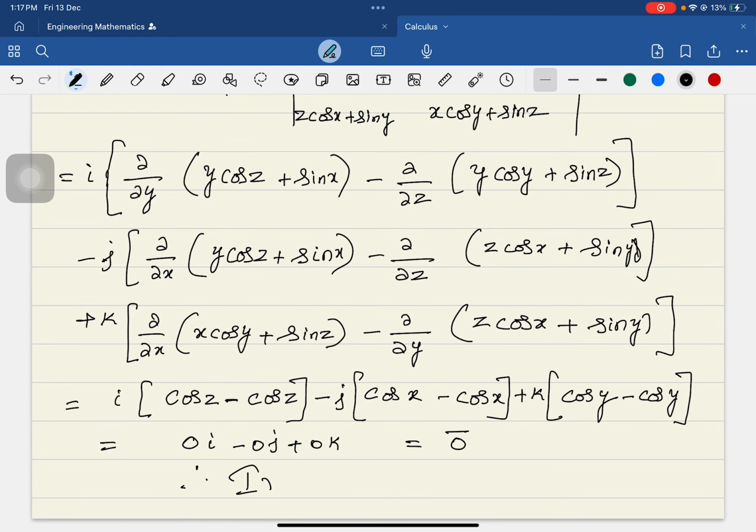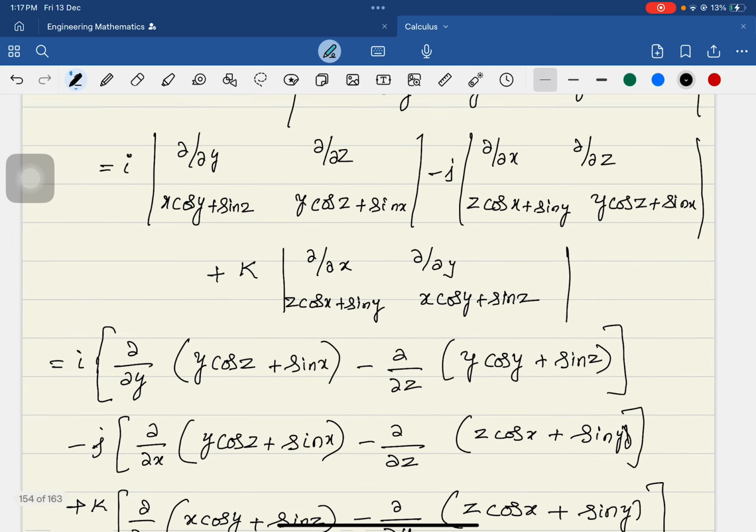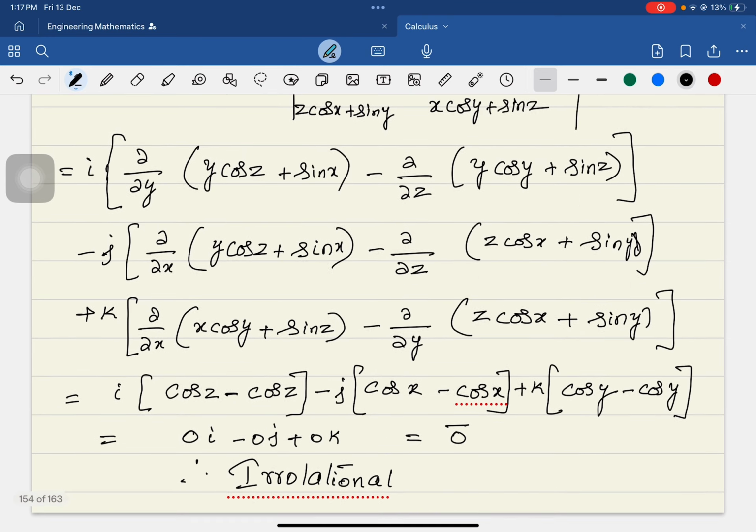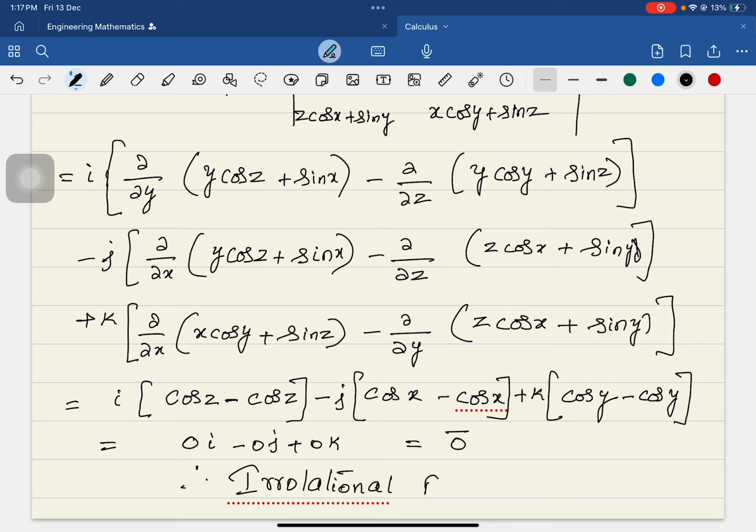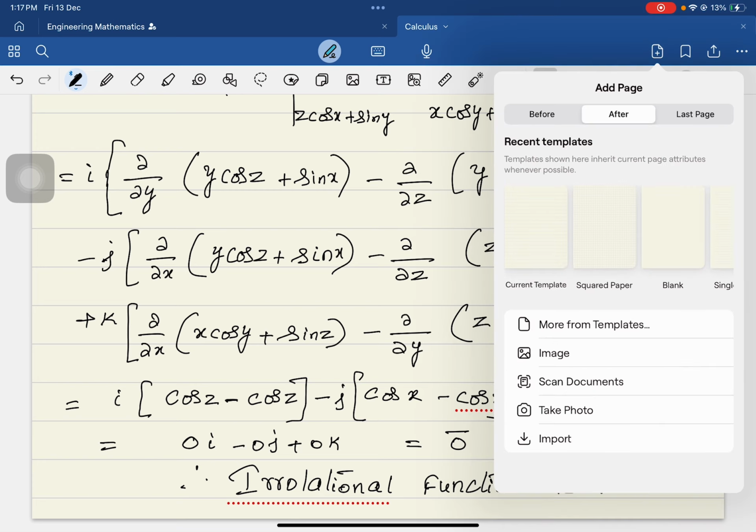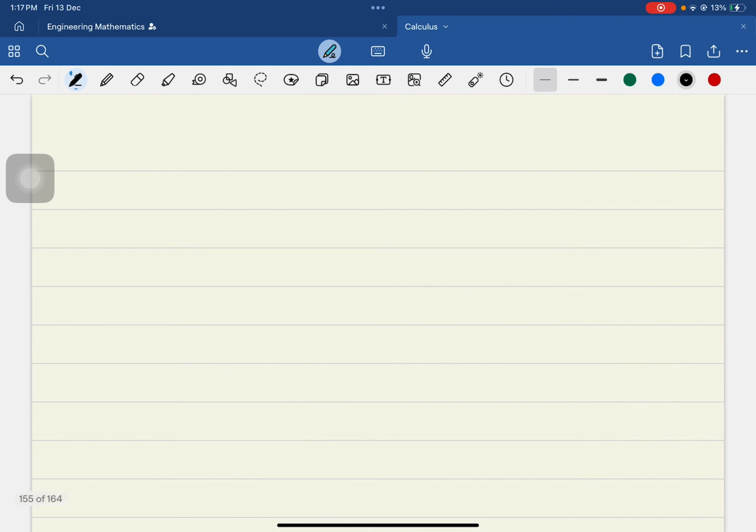The given function f is irrotational. I hope you are able to understand clearly how to find out the curl of a function.